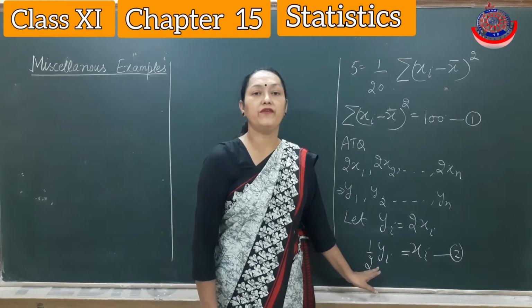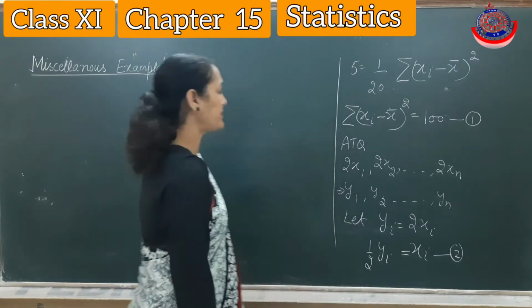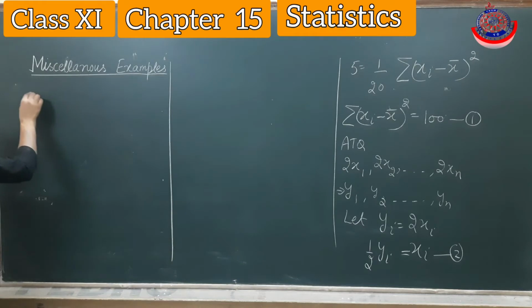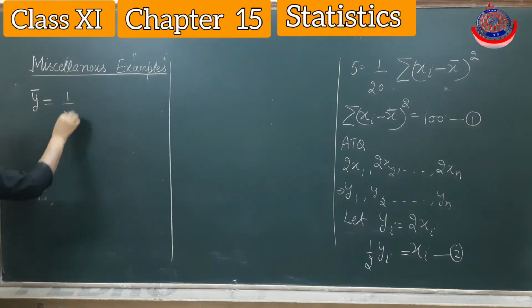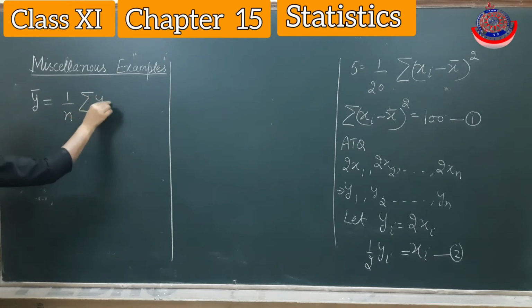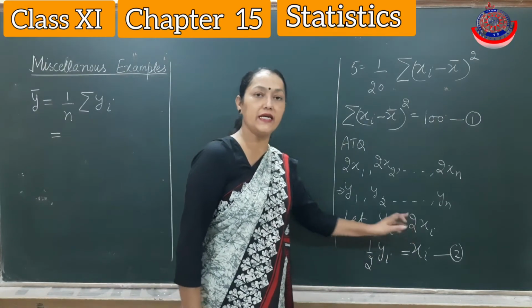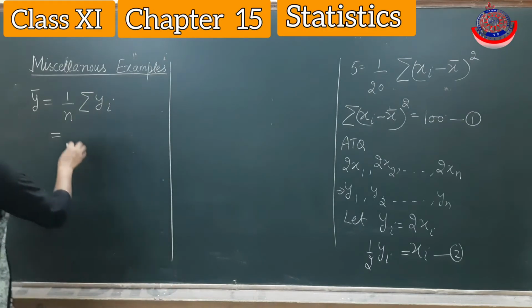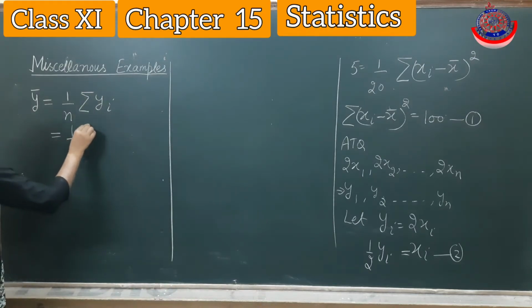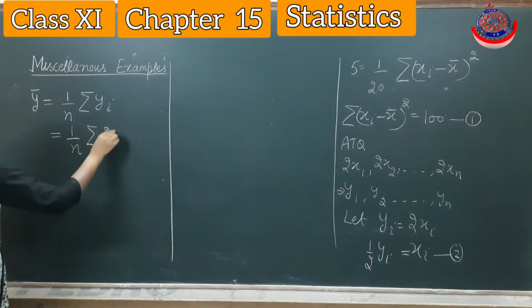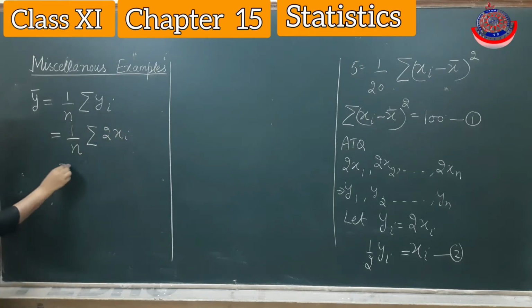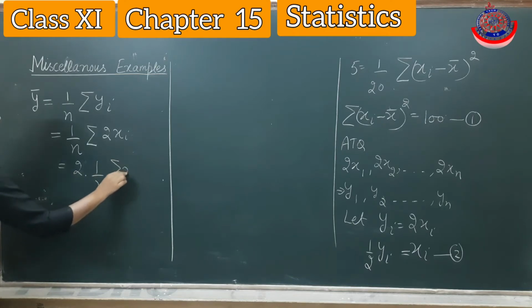Now we have to calculate y bar, the mean of the y observations. So mean y will be equal to 1 upon n sigma yi, but as we have said that each yi is equal to double of xi, here we can write 1 upon n sigma 2xi, with 2 taken common, 1 upon n sigma xi.